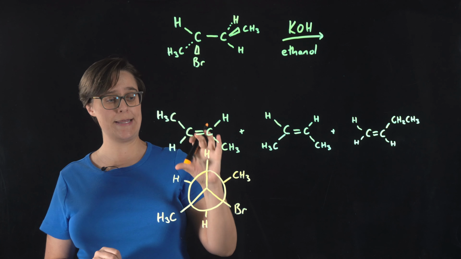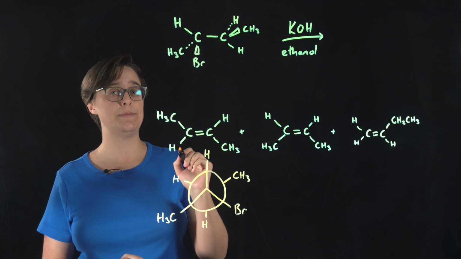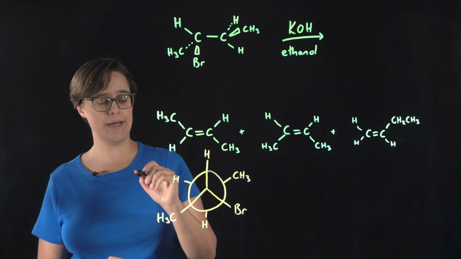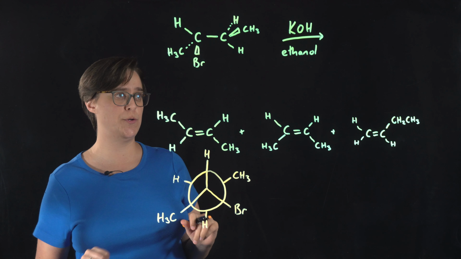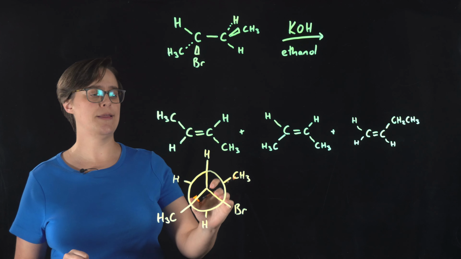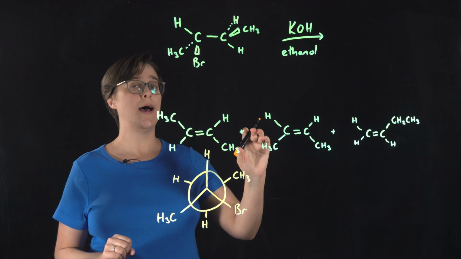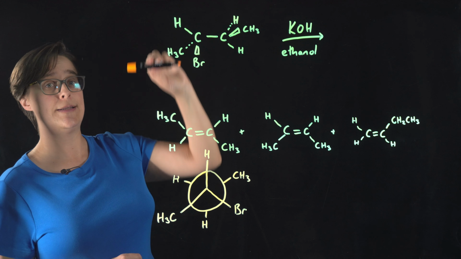But the reason that this conformation can undergo an E2 reaction is because we have a bromine and a hydrogen that are anti-periplanar. That means 180 degrees apart in this Newman projection. But there is a different conformation that is also going to have an anti-periplanar hydrogen. I want to draw that Newman projection too. So it's going to be looking in the same direction.